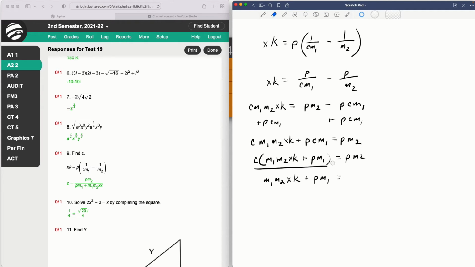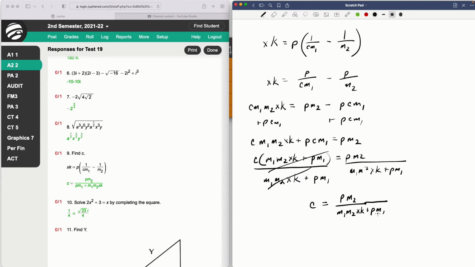So now that these two have canceled out, c is equal to pm2 over m1m2xk plus pm1. And that is the answer that I have here. I just have it in reverse order, pm1 plus m1m2xk. So when you type it in, know that these are reversed. Type it in the right order and it'll mark it right for you.